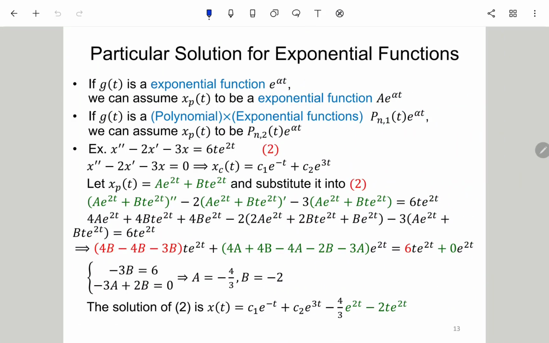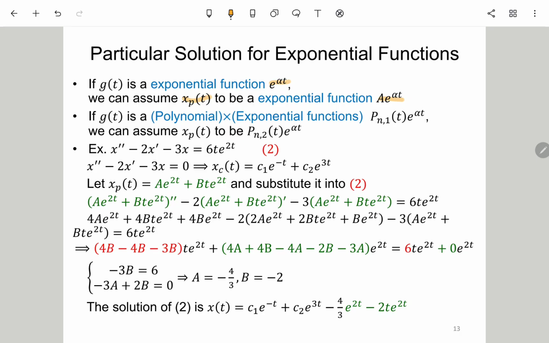And then for the second case, an exponential function. If g of t is an exponential function, something like exponential of alpha t, we can assume xp of t to be also an exponential function with the same exponent.